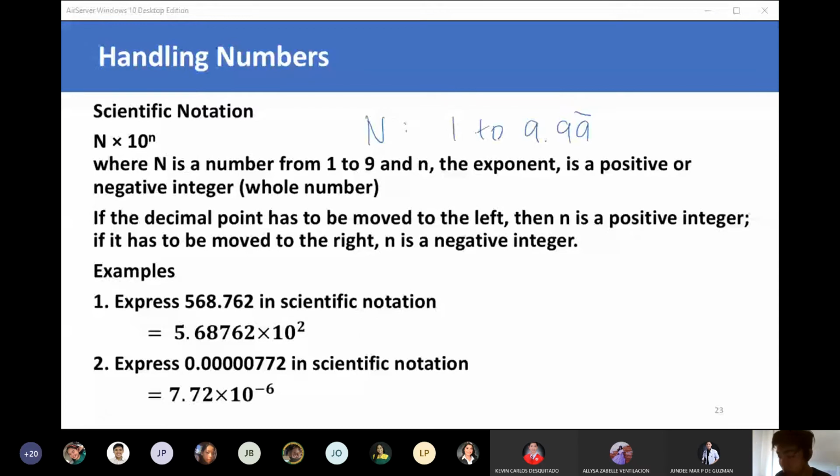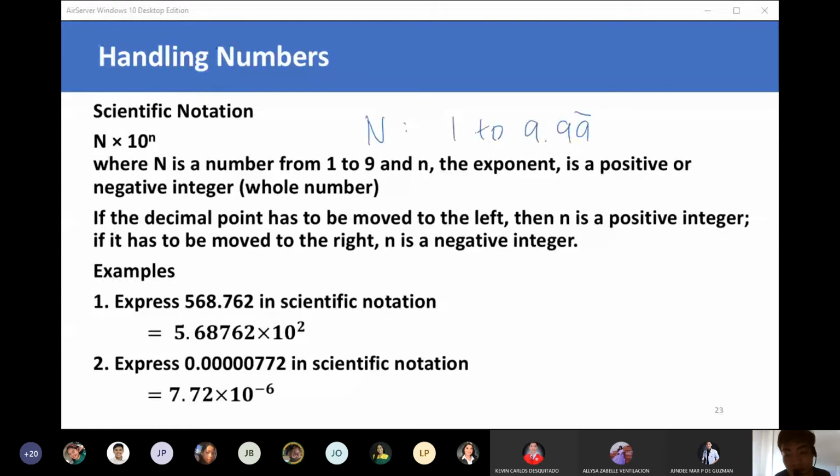It should not be greater than 9.999, hindi siya pwedeng 10. It should also not be less than the value of 1.